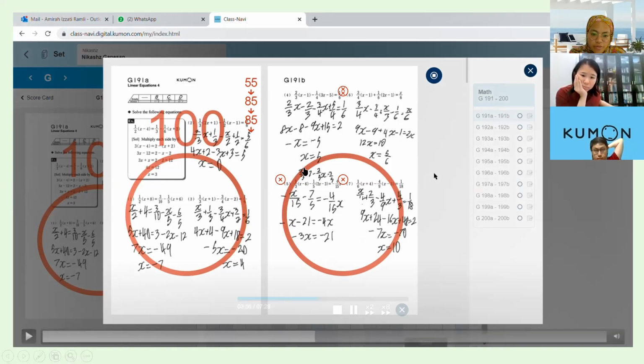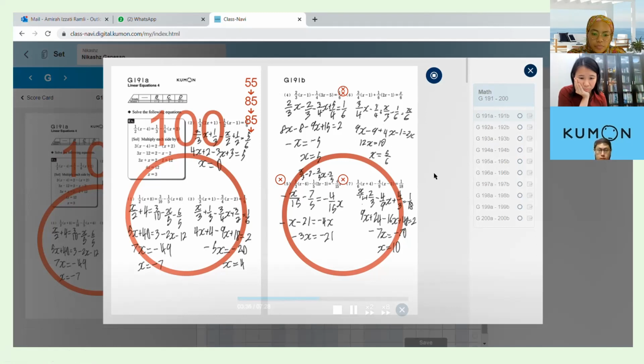He's trying to confirm x over 3 minus 2 over 5x. So negative 7 is this one. 2 minus 3 over 5. Okay, so this is the second correction. So this is the third attempt.